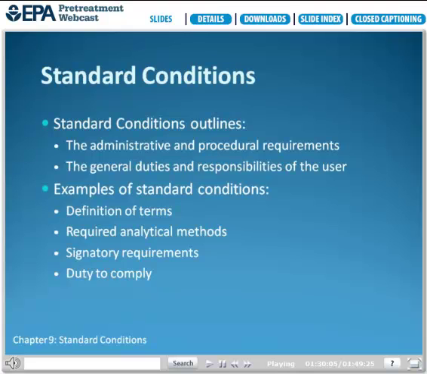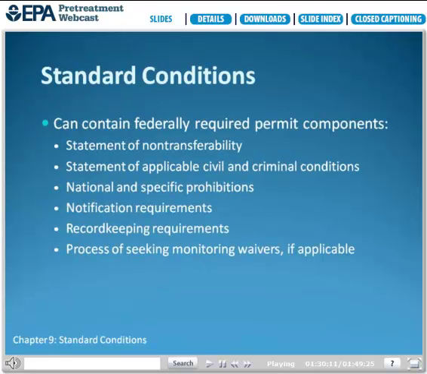Some of the federally required components include statement of non-transferability, a statement of criminal and civil sanctions, national specific prohibitions, notification requirements, record keeping, and the process of seeking monitoring waivers if applicable.